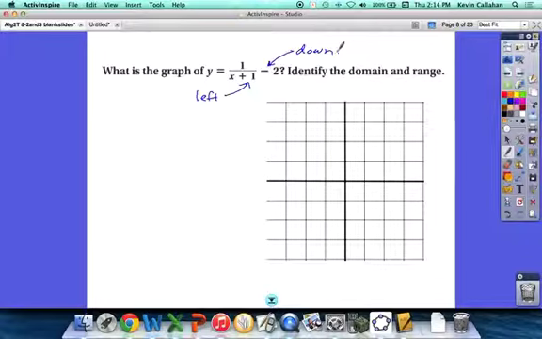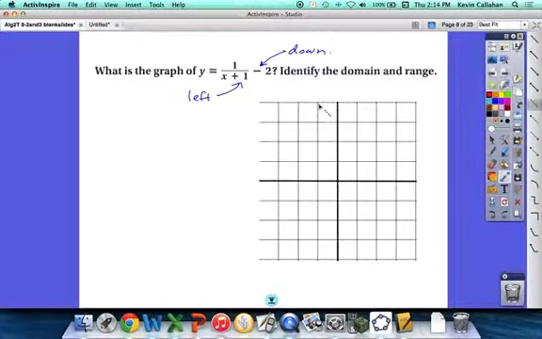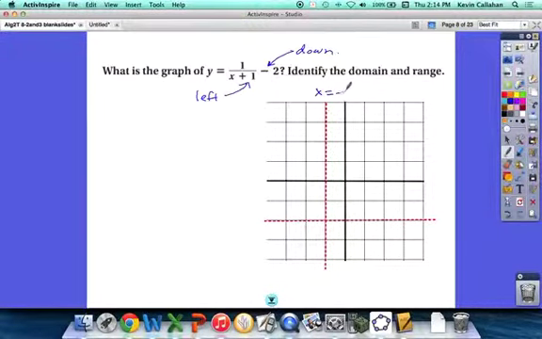If I'm shifting left 1, first sketch the horizontal asymptote. What is the equation? y equals negative 2. Right, so now the vertical one is x equals negative 1. This is y. And then you look at the numerator. It's positive, so you're going to sketch it in quadrants 1 and 3.